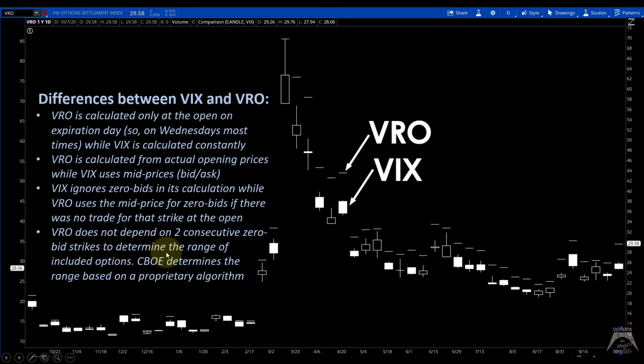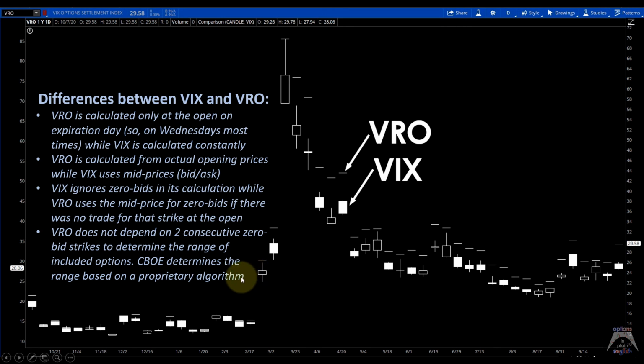Okay, so that's a difference. VRO does not depend on 2 consecutive 0 bid strikes to determine the range of included options. Remember, we were looking at 2 consecutive 0 bids and then determining the range. That's for the VIX, not for VRO. The CBOE on expiration day at market open runs an algorithm that determines the range based on a proprietary algorithm.